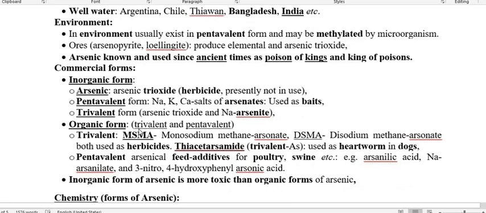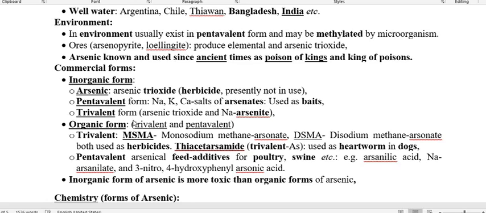Now we have to go through the inorganic forms and a few example compounds. Arsenic trioxide is trivalent and is used as a herbicide, that is, a weedicide. The pentavalent inorganic form of arsenic is the sodium, potassium or calcium salt of arsenate, which is used as a bait.